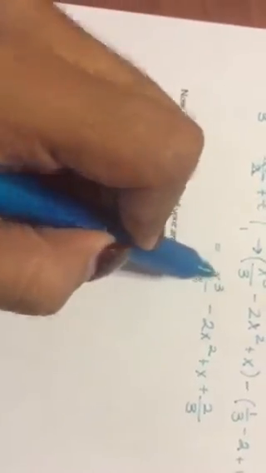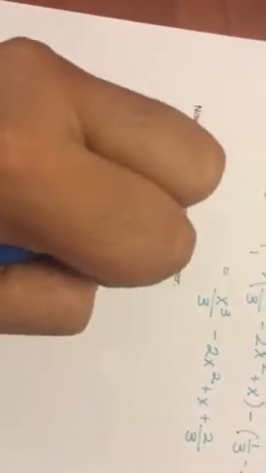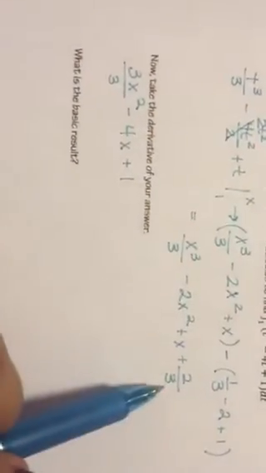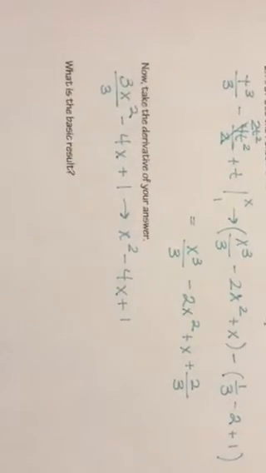Next part is telling us take the derivative of our answer. Well, if you recall derivative power rule, you would bring down your exponent, subtract 1 from that exponent, and that was it. So minus 4x plus 1. Derivative of a constant is just 0. So this is our derivative, which if we simplify it, becomes x squared minus 4x plus 1.